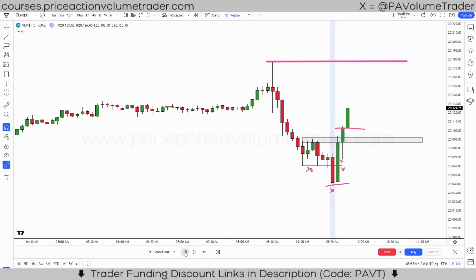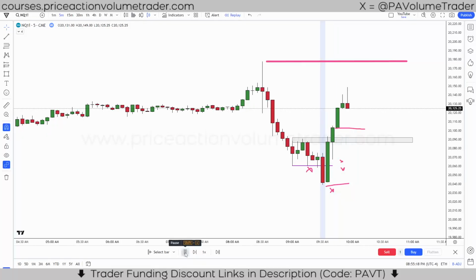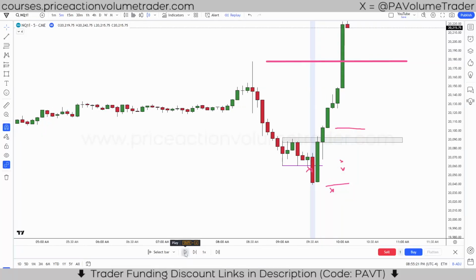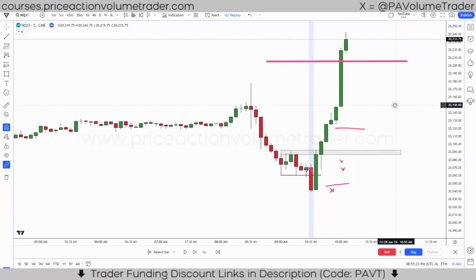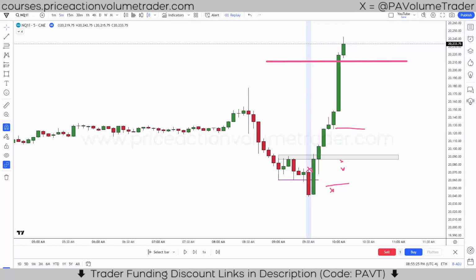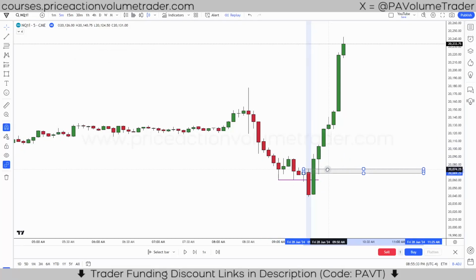And then if we just play it again, you can see here, in this case, we just had a very strong breakout. So in this case, if you would have taken this little resistance area, you could have gotten a retest on this candle.